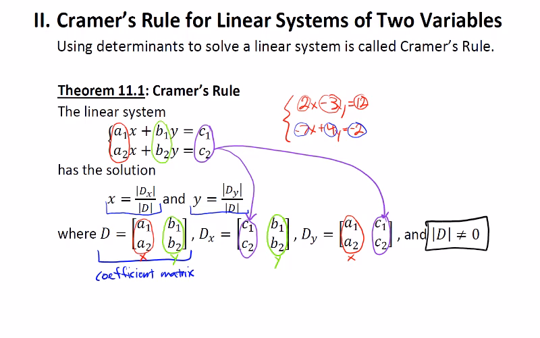The ratio for x and y both have a division by the determinant of D. So if the determinant of D ends up calculating to be 0, that means that you'll be having a division by 0. And you can't have a division by 0 in the ratio. So therefore, you're not getting an appropriate x or y calculation. You're going to get something that's undefined.